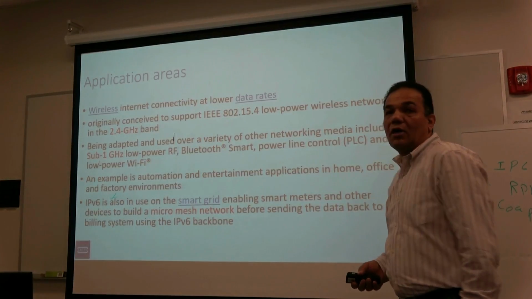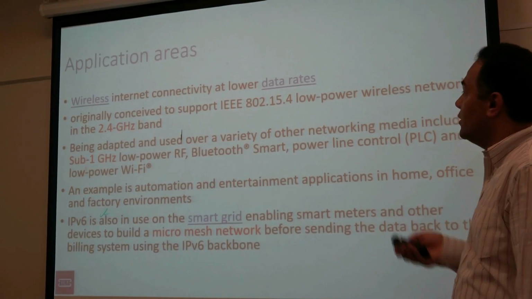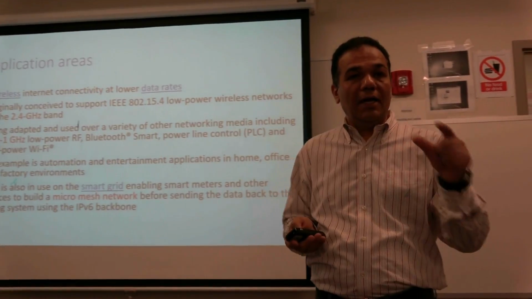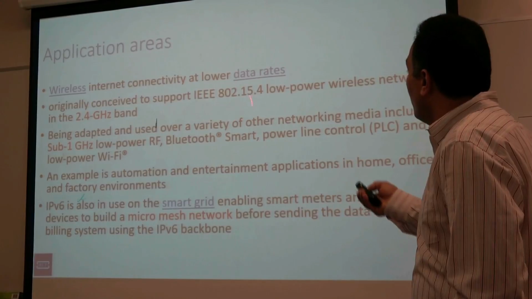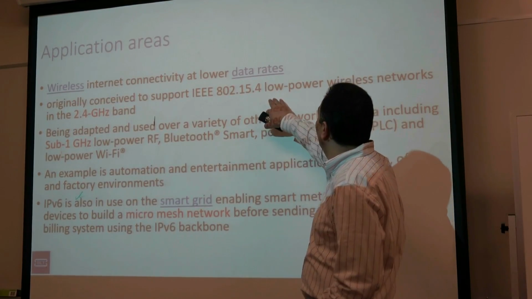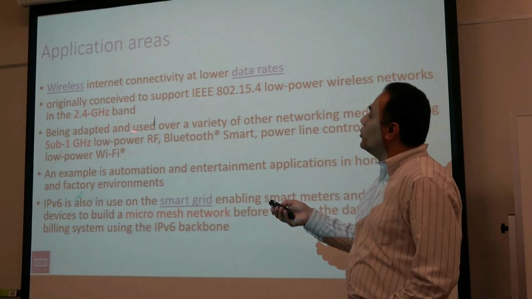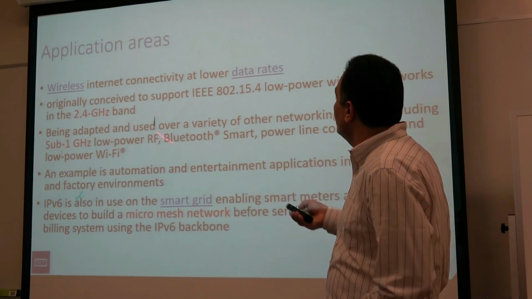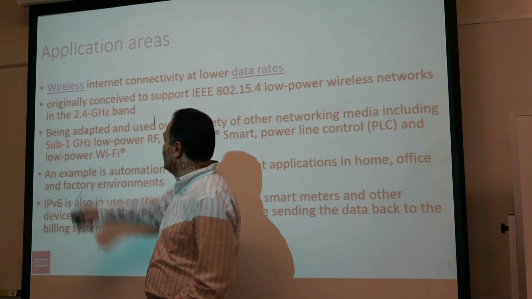All right, so what are the application areas? Okay, wireless internet connectivity at low data rate. That's what our IoT device is all about. They are wireless connectivity at low rates. So that's why IEEE came up with 802.15.4, and it's for low power wireless networks. It's used in the 2.4 gigahertz, and also after that we had different devices that could go in different bands.